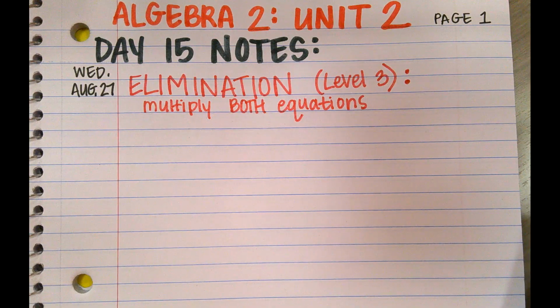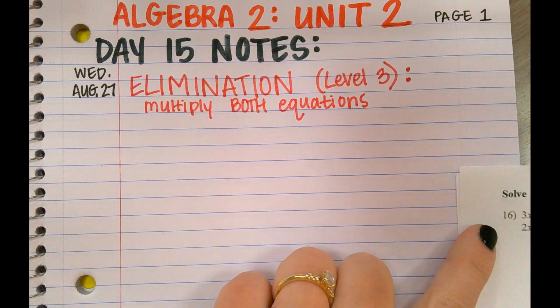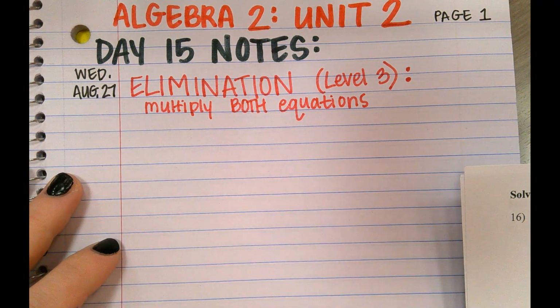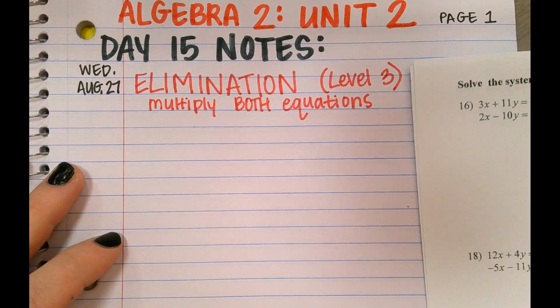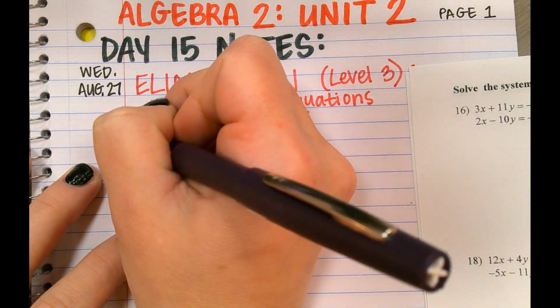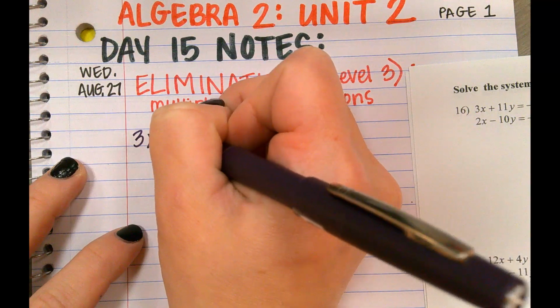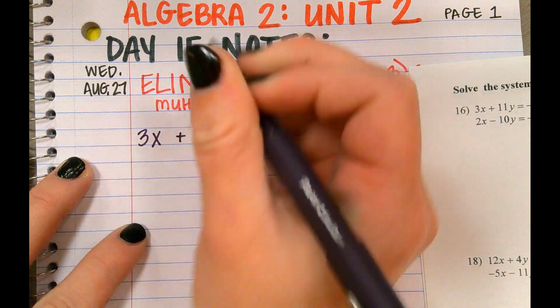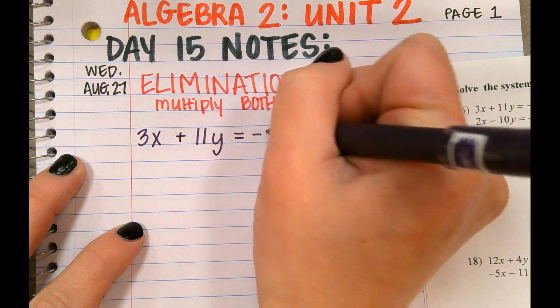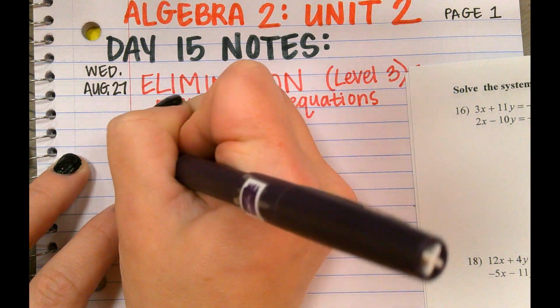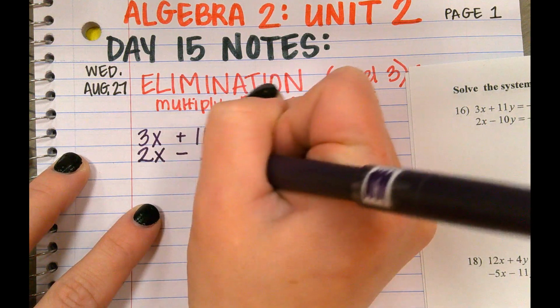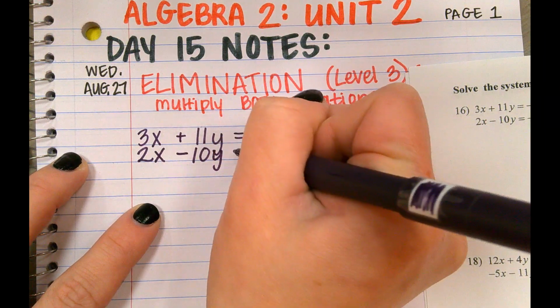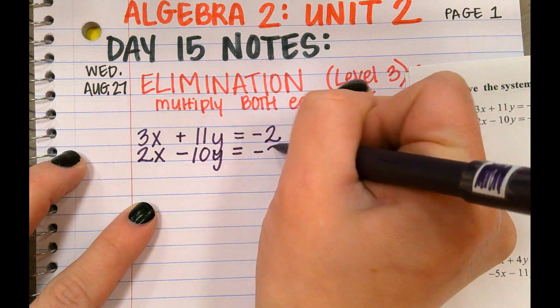With elimination, with multiplying both equations, we're going to start, like I said, with that number 16 on the 4th page of this worksheet, and I'm just going to copy this problem down. 3x plus 11y equals -2 and 2x minus 10y equals -36.